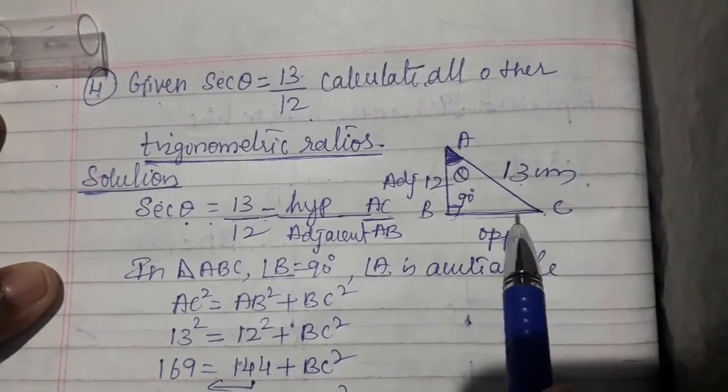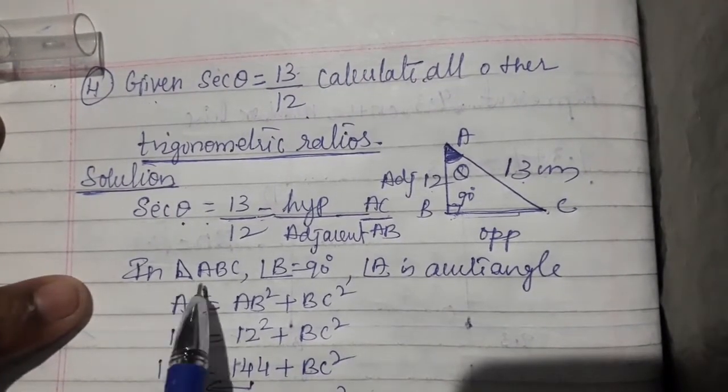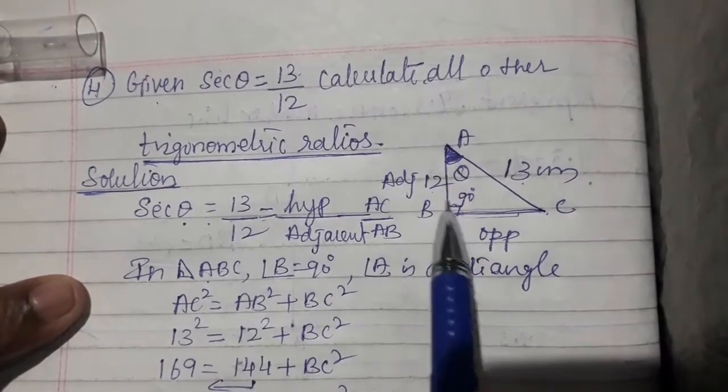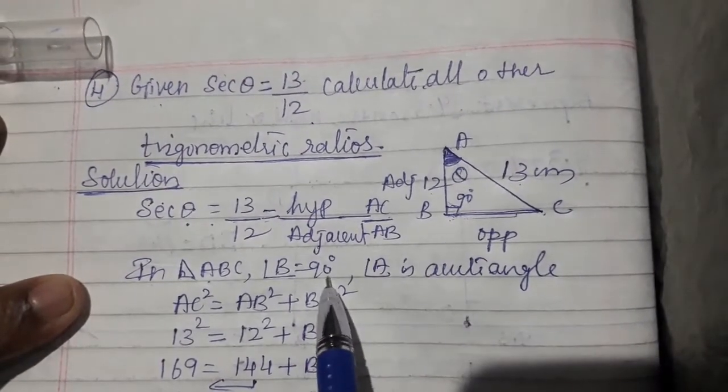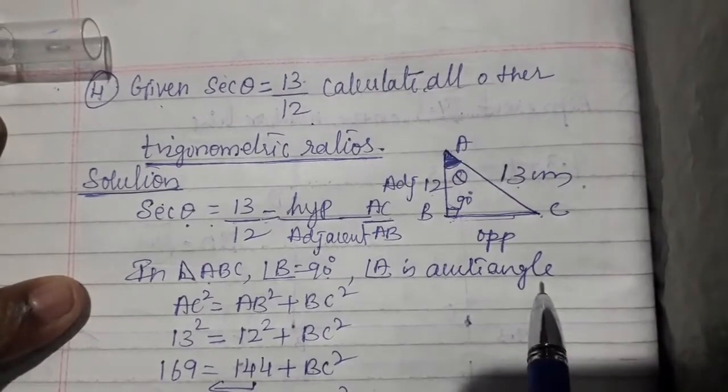Now we have to find BC. Use Pythagoras theorem. In triangle ABC, angle B is 90 degrees and angle A is an acute angle.